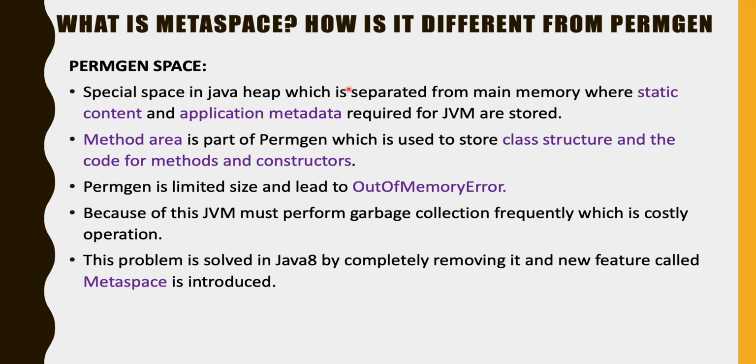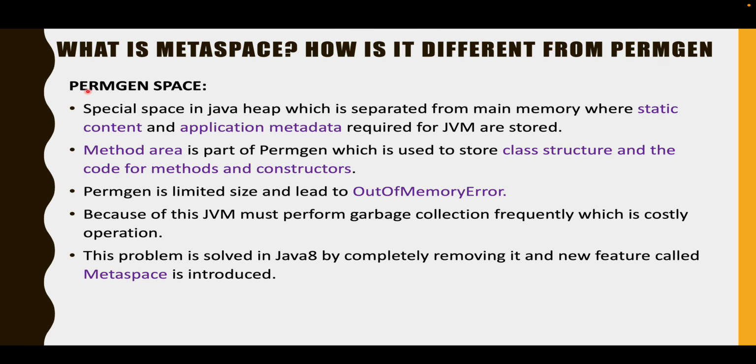Let's now understand what metaspace is and how it is different from the Permgen space. This is a frequently asked interview question. Permgen space was there till Java 7, and after Java 8, Permgen space was completely removed and metaspace came into the picture. What was this Permgen space doing and why was it removed? Permgen space is a special space in the Java heap.